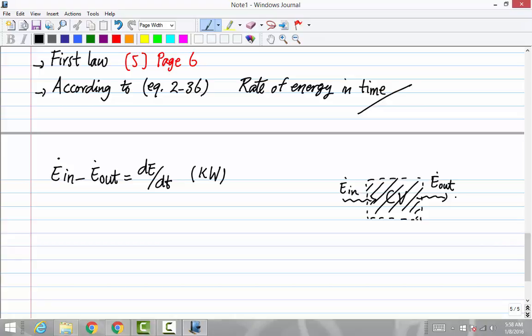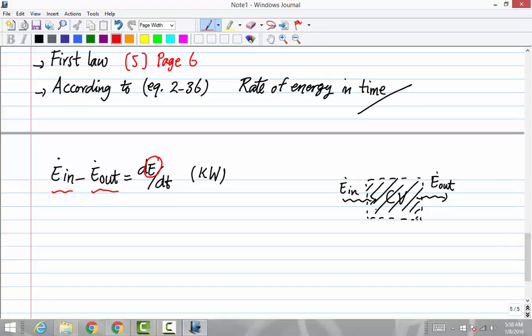If there is no energy balance between the inlet and outlet energies, it means that as time goes on, the E, which is the total energy of my system, changes in time.